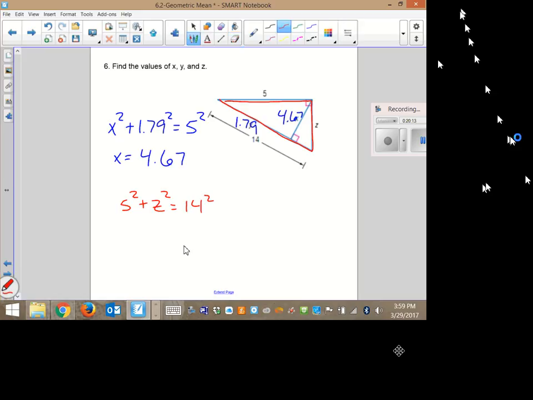So then we get that z squared equals 14 squared minus 5 squared, which gives us 171, which we can write as the square root of both sides. We can write that as 3 square root of 19. So either way there works.